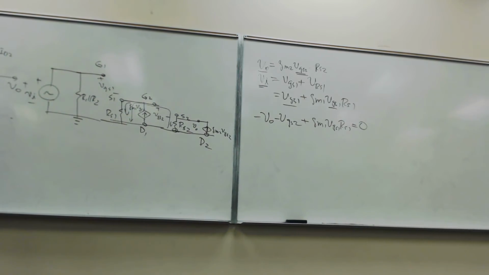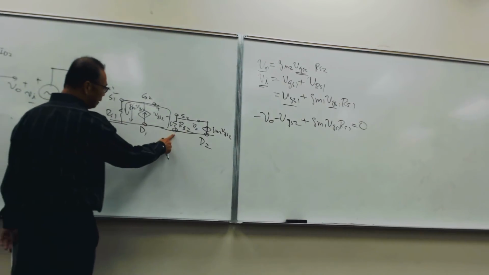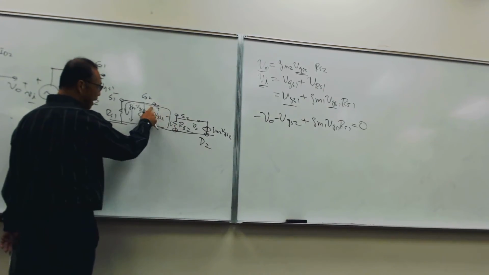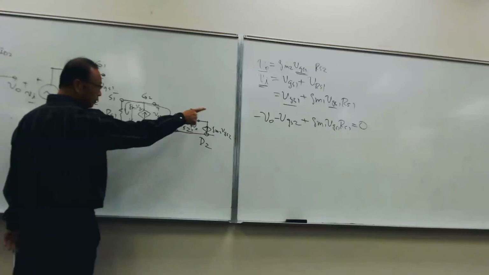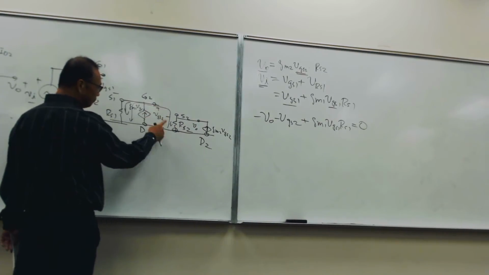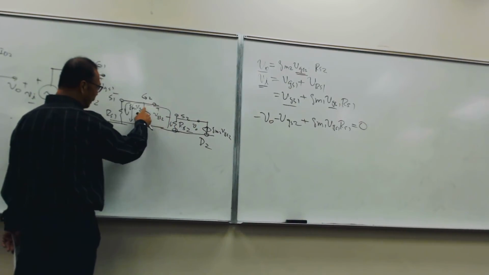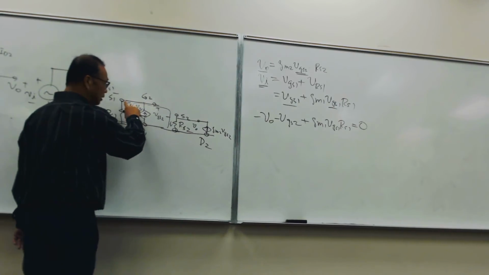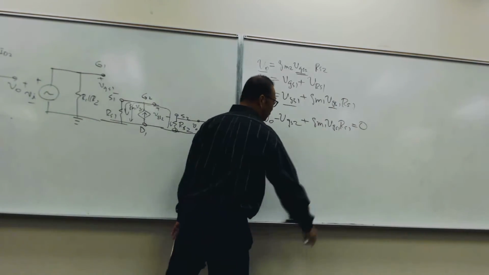Can you see the loop? From here, going through RS2, going through this gap, which is VGS2. This is Vo. And then going through here, and this is gm1 VGS1.